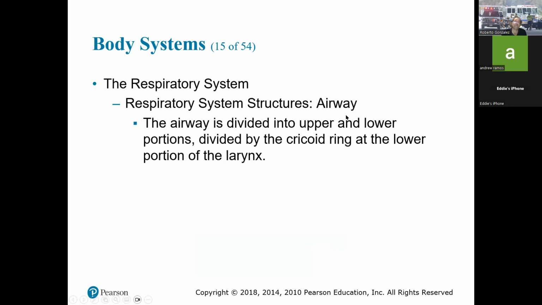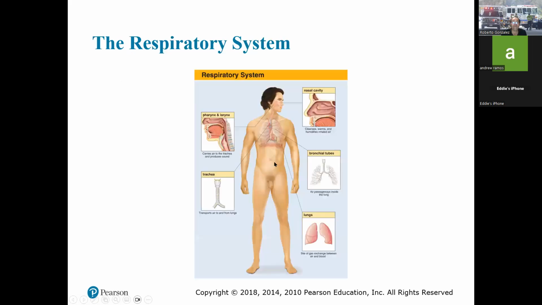The respiratory system structures, airway. The airway is divided into upper and lower respiratory system. At the cricoid, there you go. The cricoid is the other bone ring in the lower portion of the larynx. So it's located right around here where you have your cricoid.